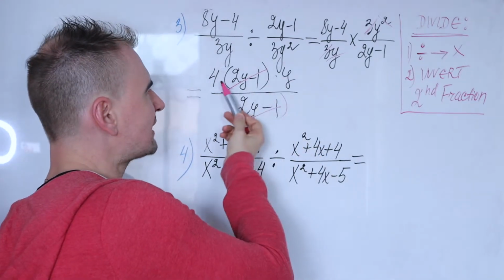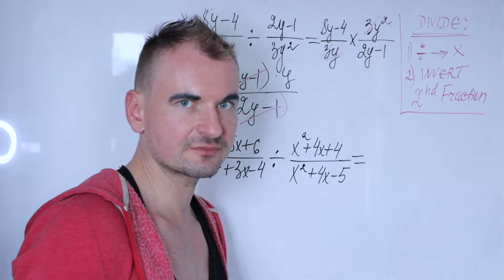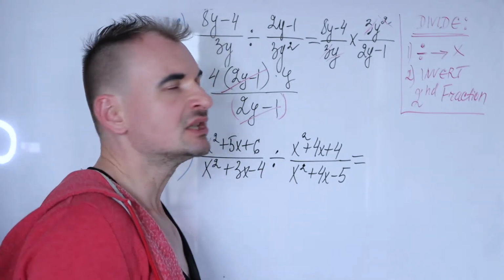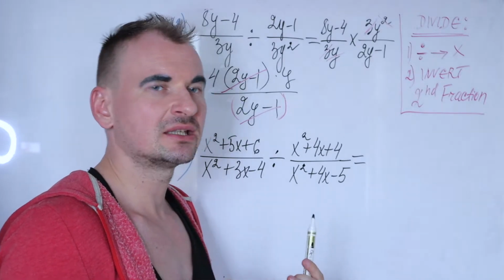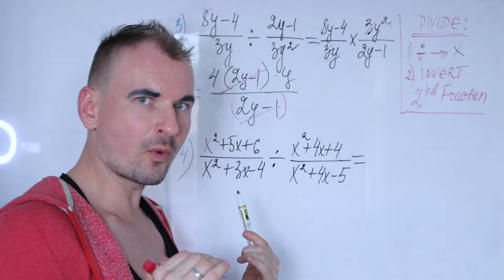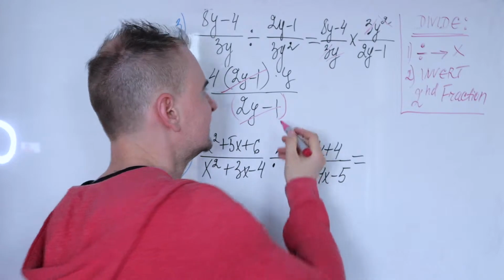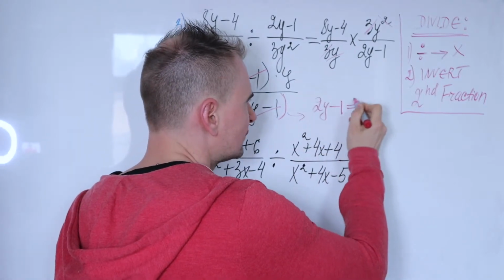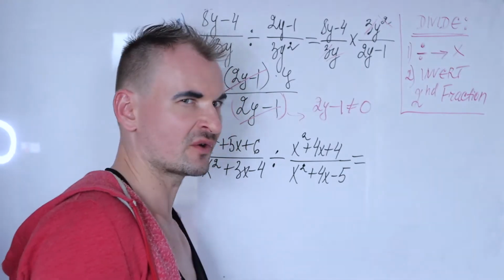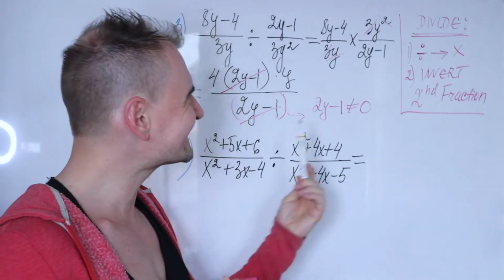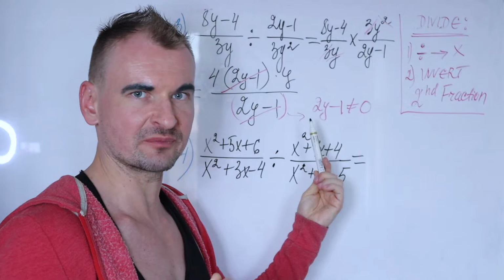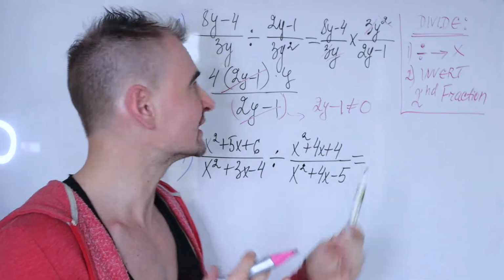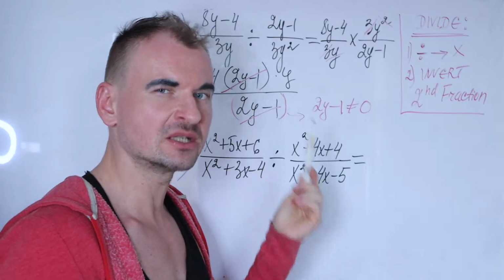And because we have multiplication between the terms, when we do this cancellation, we can impose the condition that 2y minus 1 is not equal to 0, because we are getting the lowest term, the fraction which is equivalent to the first one.